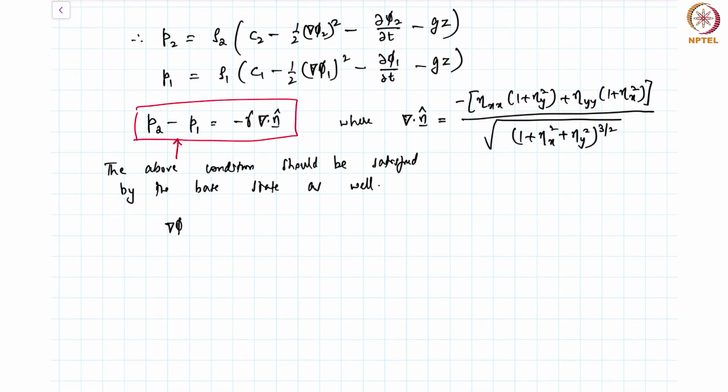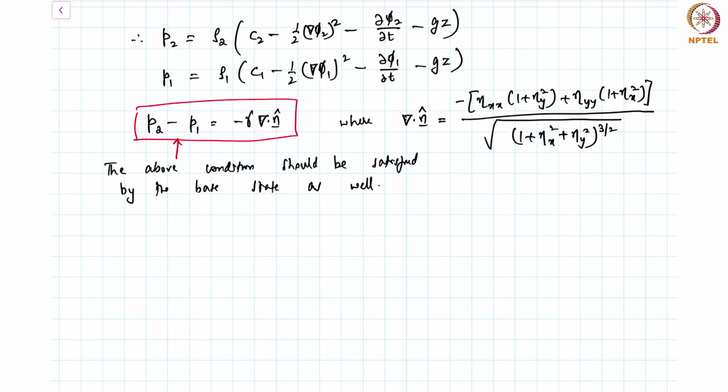Gradient of phi2 essentially is, well, let me just highlight this. So gradient of phi2 would simply be u2 in the upper fluid and it will be u1 in the lower fluid. Okay, so for the base state, we have z is equal to 0. There is no time dependent term and it's a flat interface, so curvature is also 0.